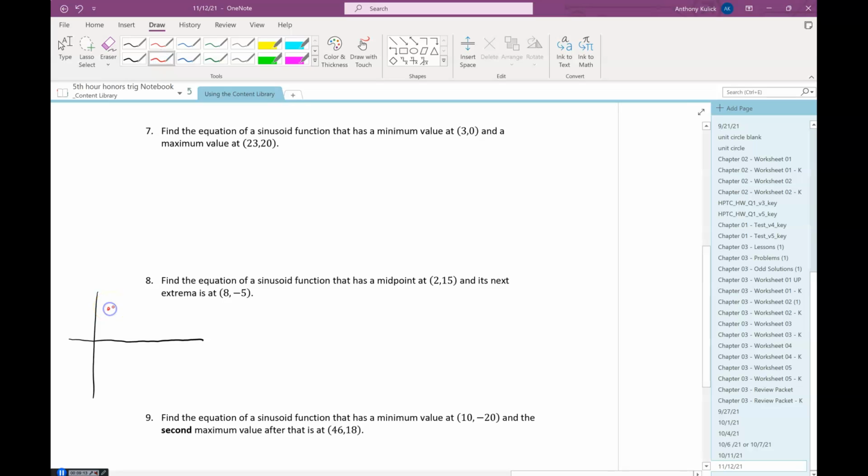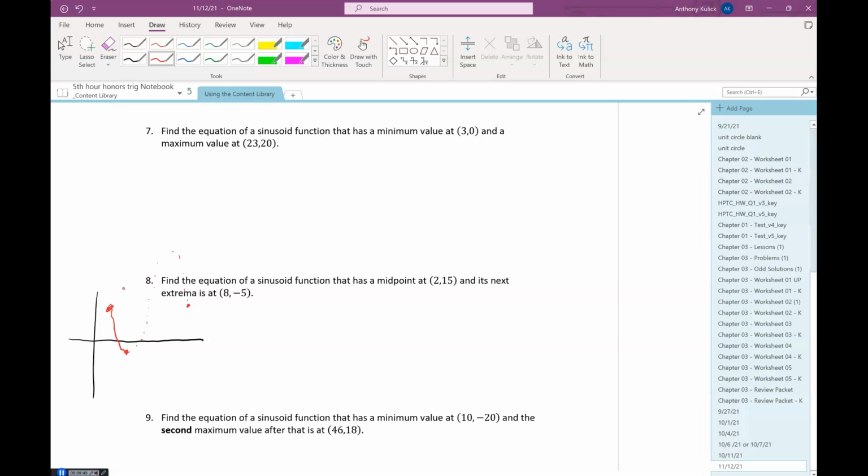So I have (2, 15) and then (8, -5). So clearly that's a minimum, right? So one period of my function is going to look like that. Does that make sense so far, Alex?